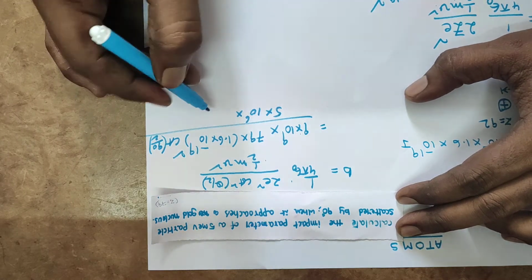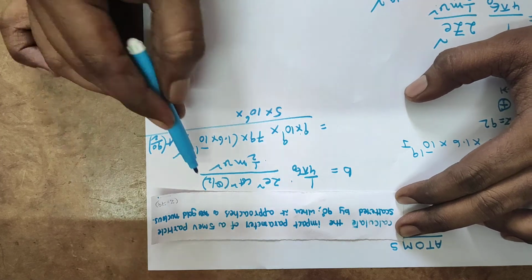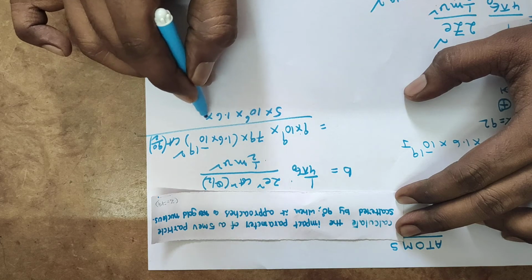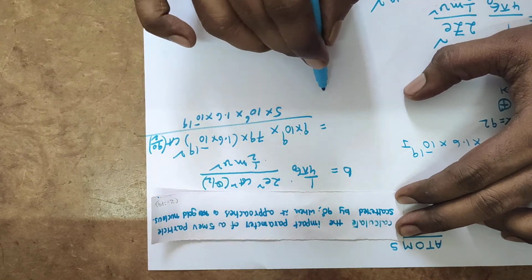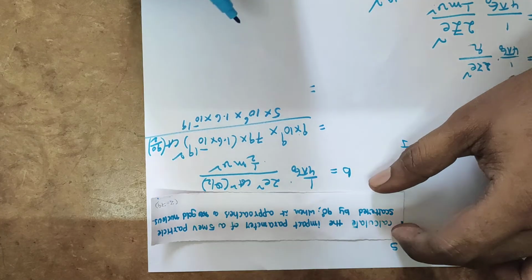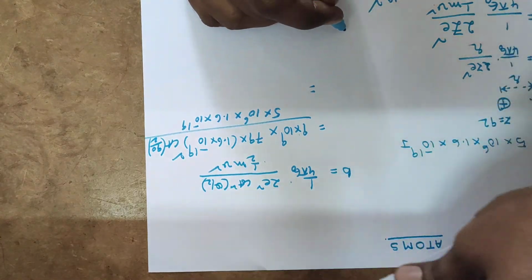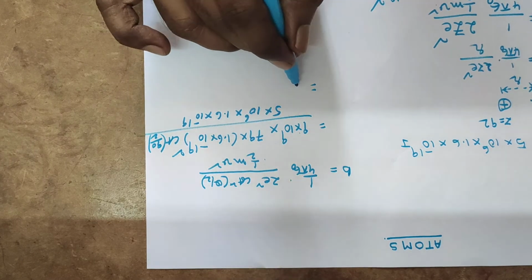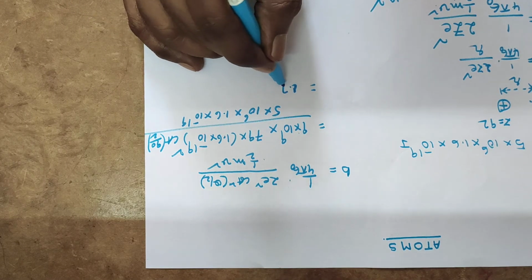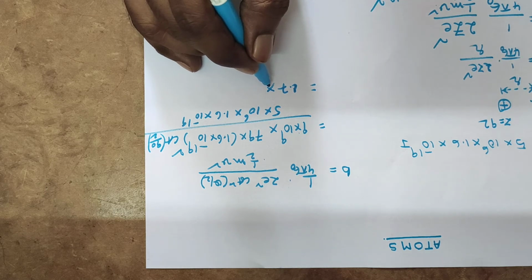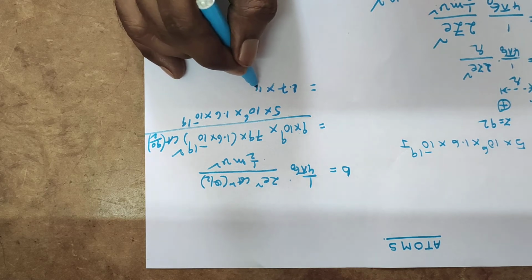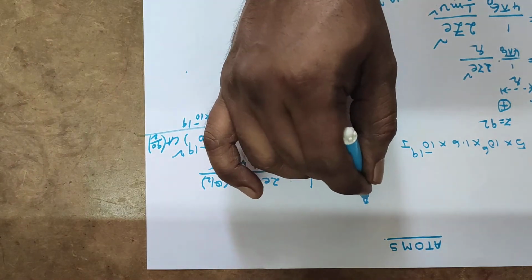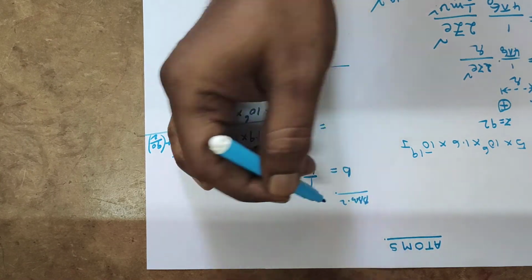So we have to convert it into joules. So we get 5 into 10 power 6 into 1.6 into 10 power minus 19. If we calculate this, we get 2.7 into 10 power minus 14. So this is problem number 2.